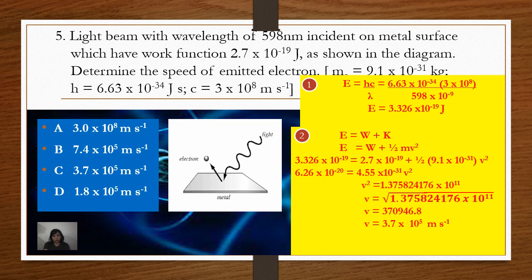K is also equal to half mv squared. So we write E equals W plus half mv squared. After substitution and calculation, finally we will get v equals 3.7 times 10 to the power of 5 meter per second. So the correct answer is C.